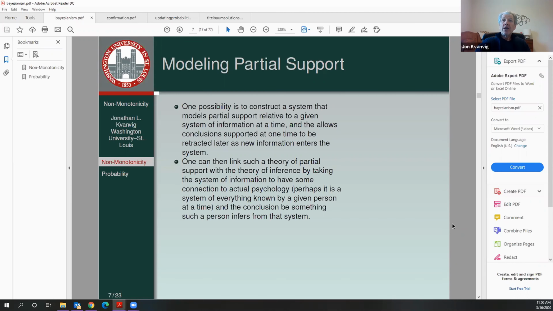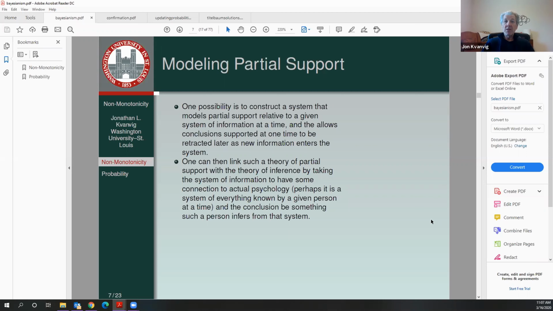One can then link a theory of partial support, where the partial support is relative to a system of information at a time, to a theory of inference by taking the system of information to have some connection to actual psychology. So abstractly considered, you can have a system of information that you just specify however you want.